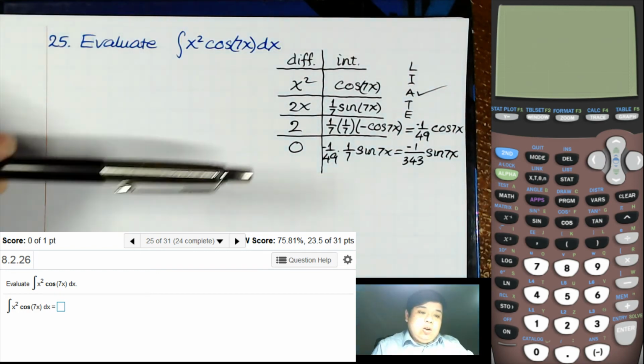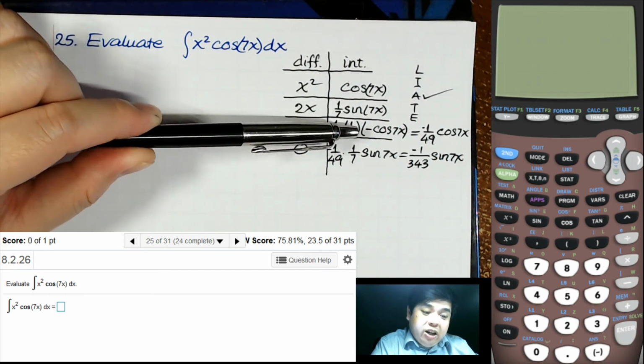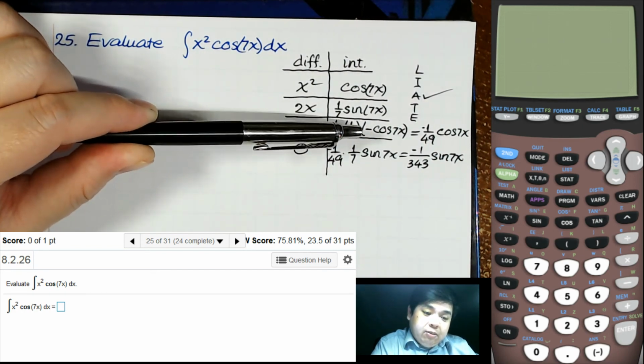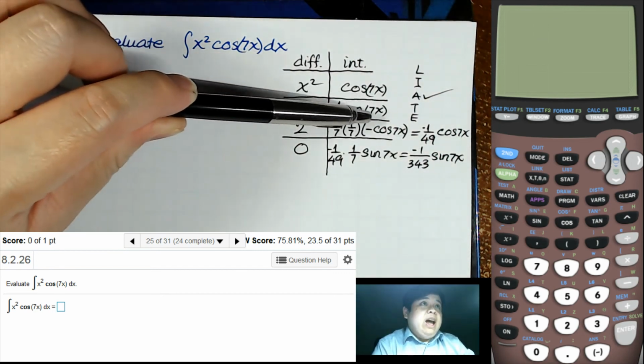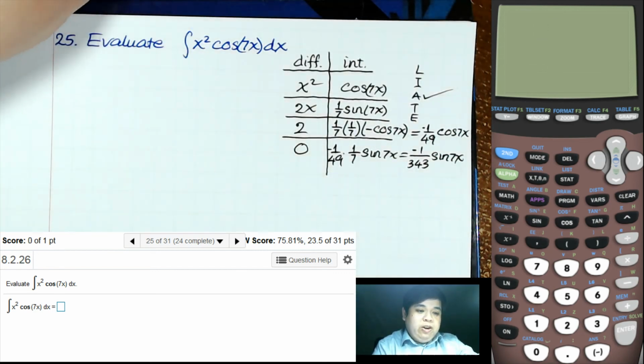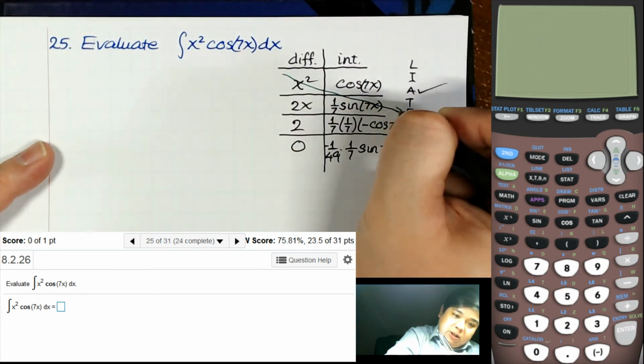Integral of cosine is sine, integral of sine is negative cosine, and because of 7x we have to divide by the coefficient. And then diagonals.